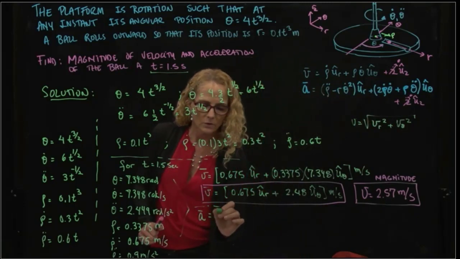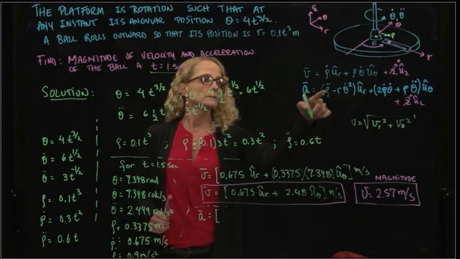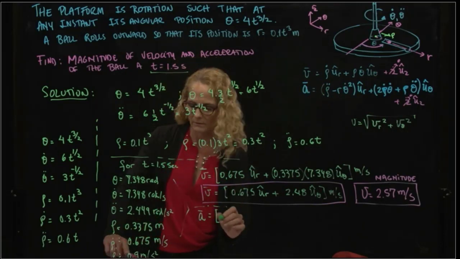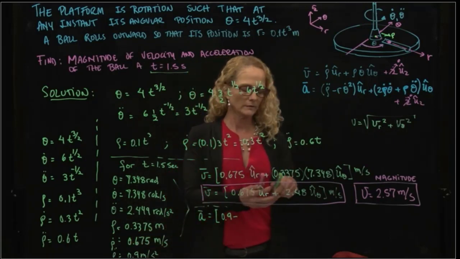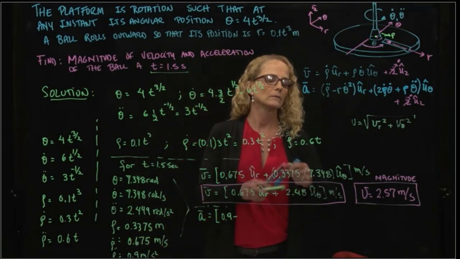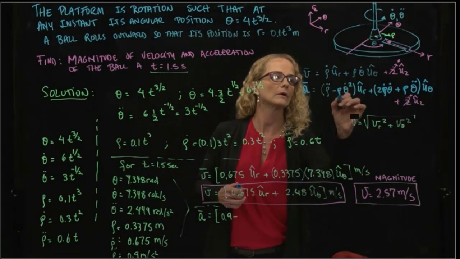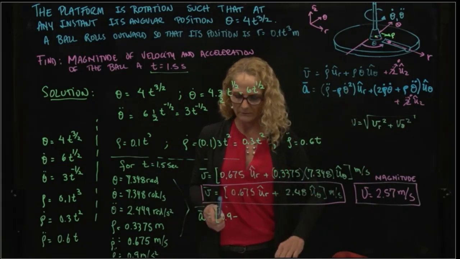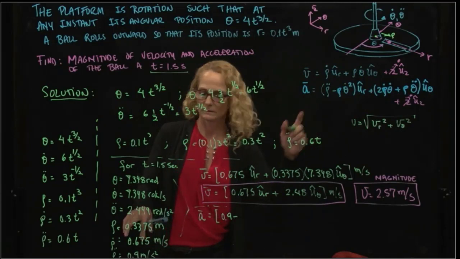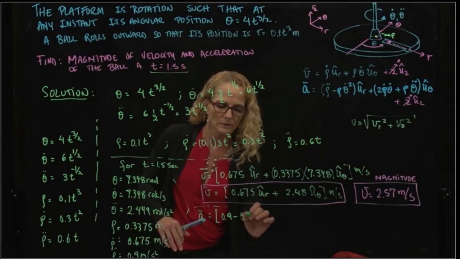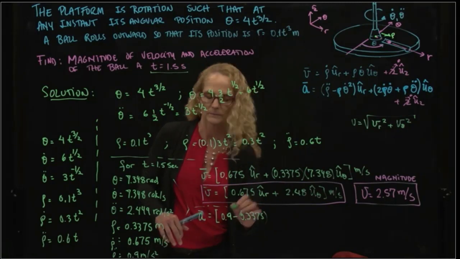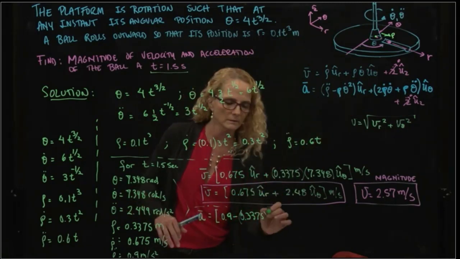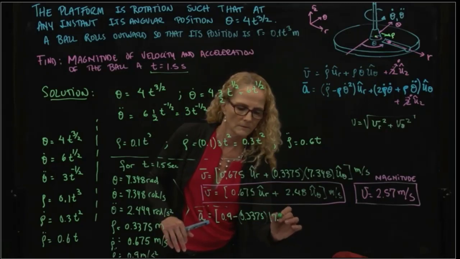So it will be rho two dots minus rho, just use the same variable for the whole equation, very important, to be consistent. And this is 0.3375 times theta dot squared.